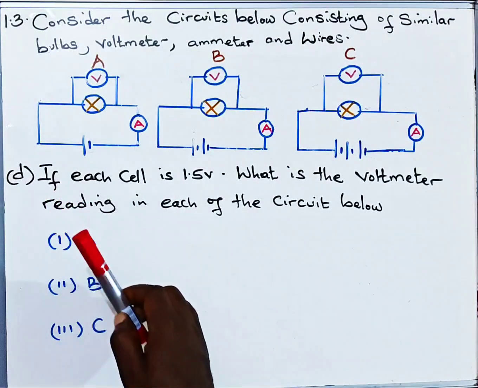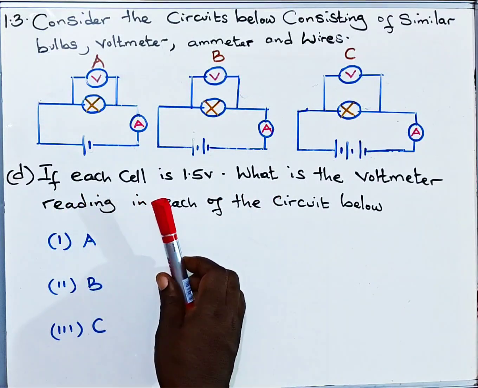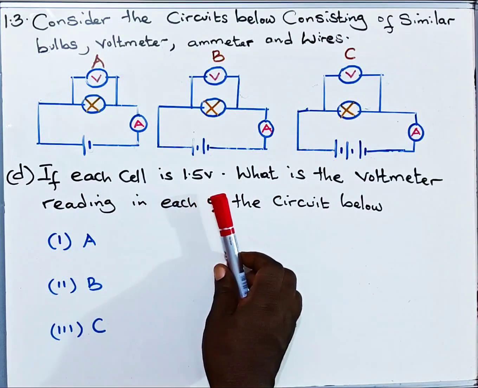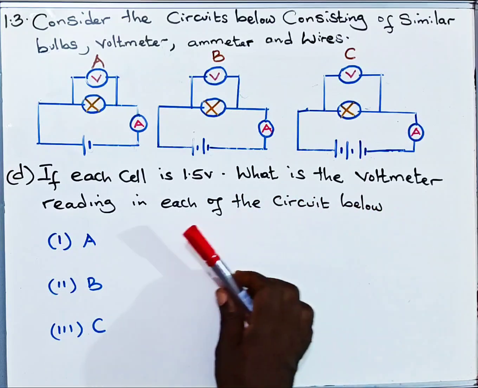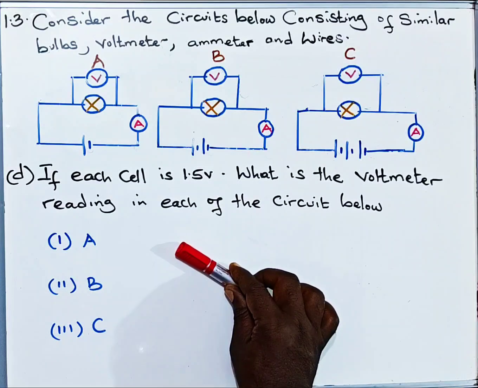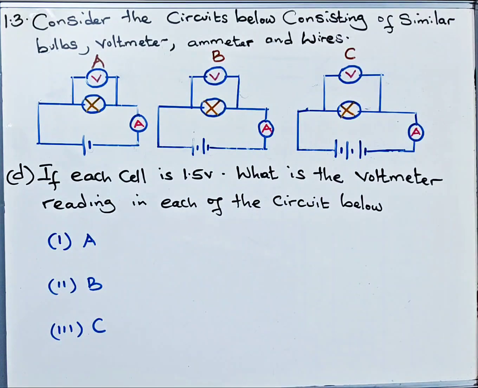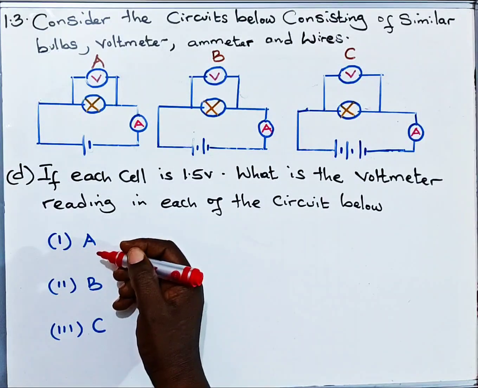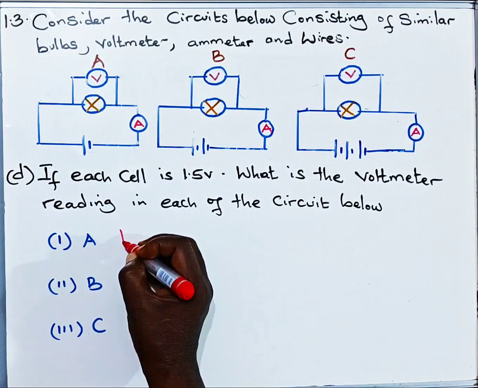Then we come to this question. It says, if each cell is 1.5 volts, what is the voltmeter reading in each of the circuits below? Let's start with A. We have 1 cell.